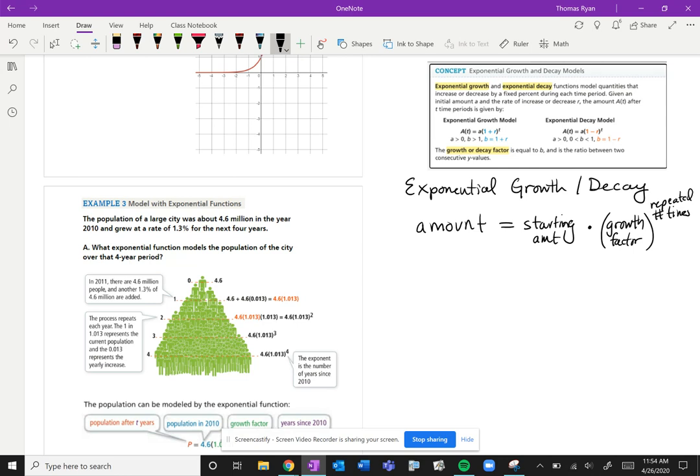So your amount that you have is what you start with times your growth factor repeated, however many times you decide. So this was our model. It was y equals a times b to the x.